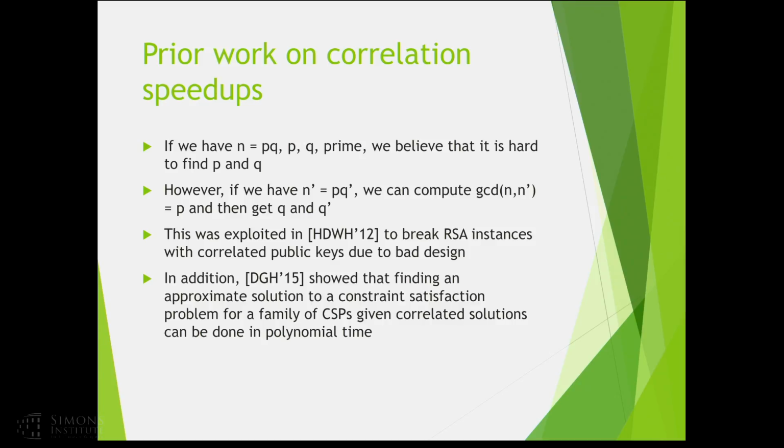And so this is actually used to break RSA in certain cases due to bad choices of primes. And so also, it's been shown that for constraint satisfaction problems, to find an approximate solution for a random CSP with correlated instances, you can also do efficiently.